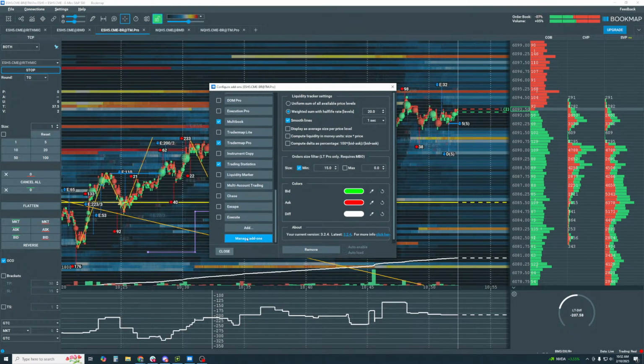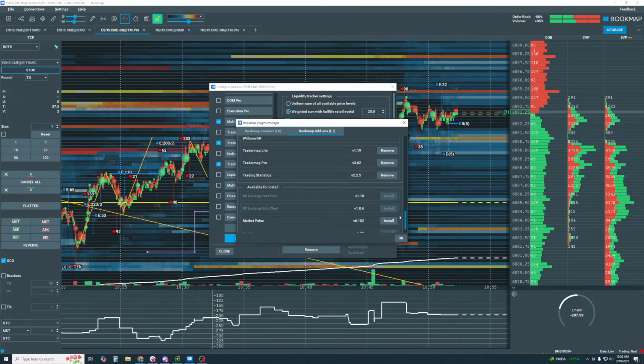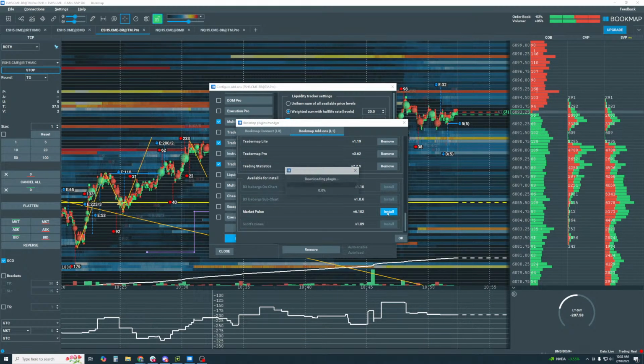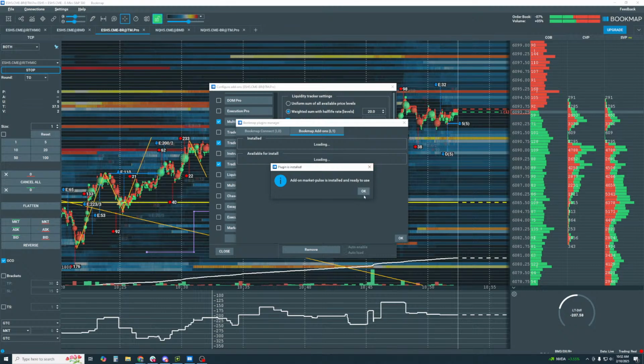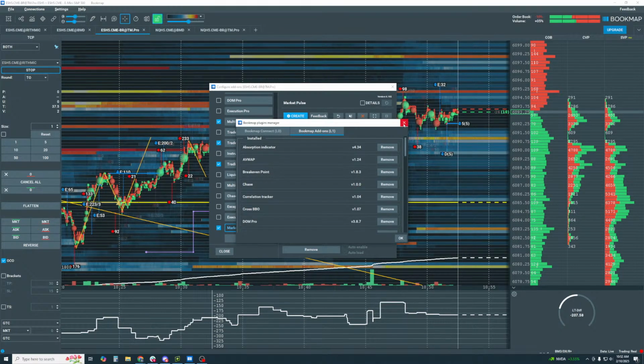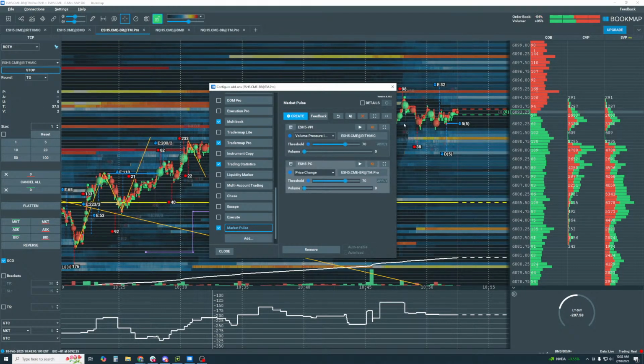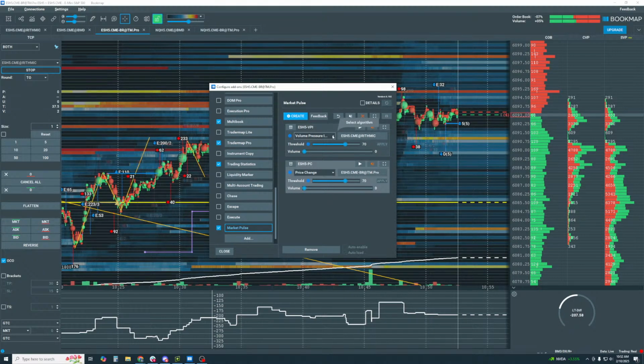Okay, we'll go to add-ons manager, scroll down, here's my Market Pulse. I'll install it and it's ready to use. And there's a whole host of indicators in here to take a look at.